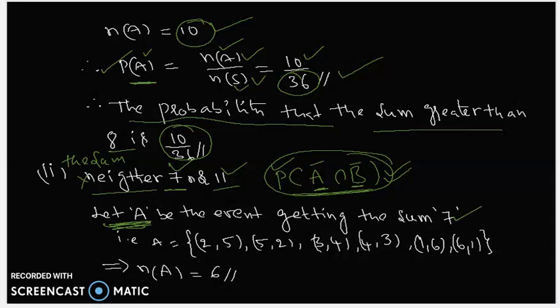So that is A equals (2, 5) and so on. Observe each number sum in the outcome is exactly 7. Such outcomes we need to write in the event capital A. So n of A equals how many outcomes are here? 1, 2, 3, 4, 5, 6. That's why n of A equals 6.